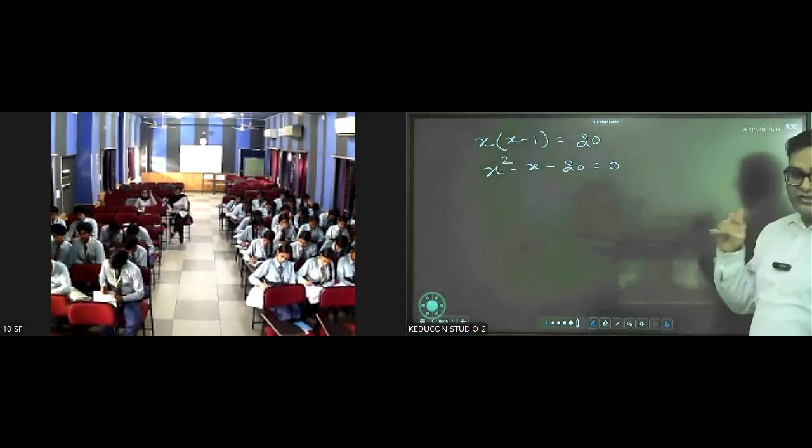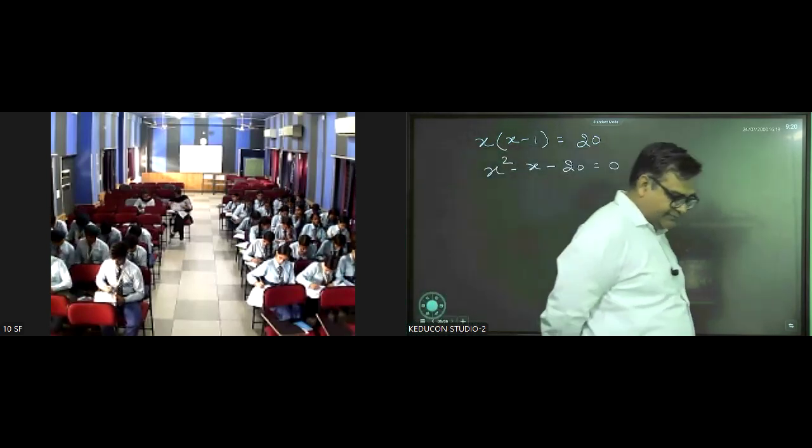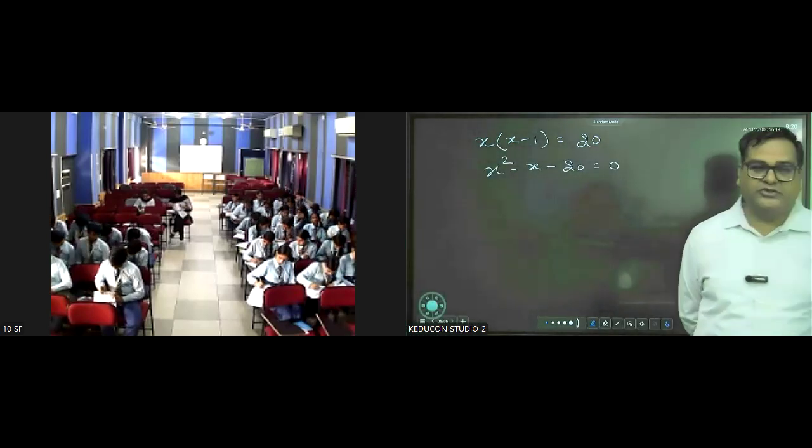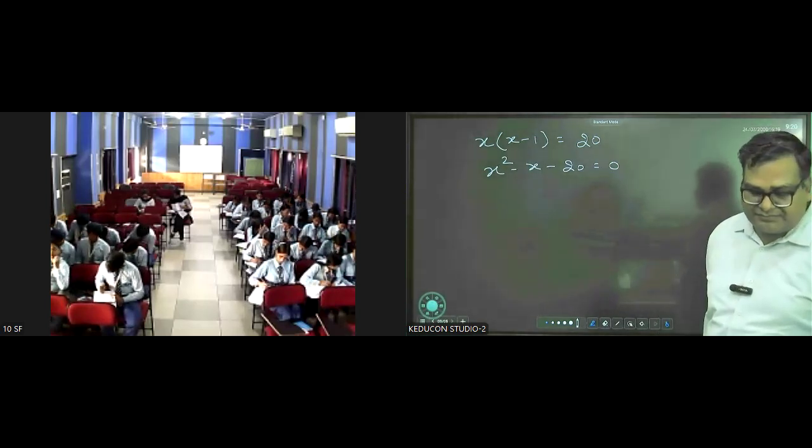चलिए जी, इक्वेशन का सॉल्यूशन निकालिए बच्चों. x की वैल्यू कितनी आ रही है यहाँ से? You can do it by splitting the middle term or by the quadratic formula, anything.